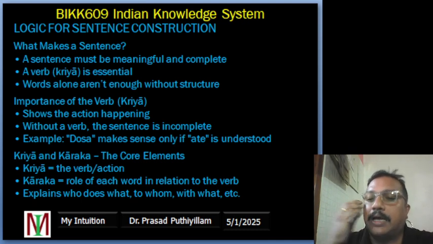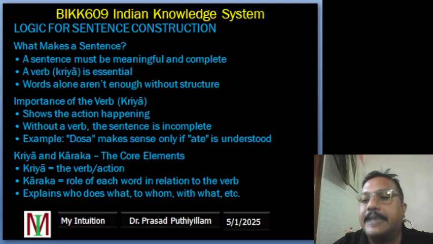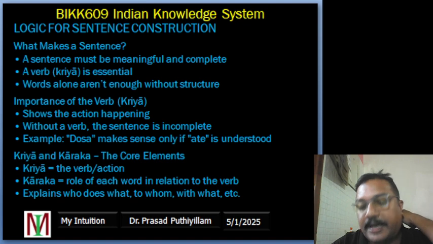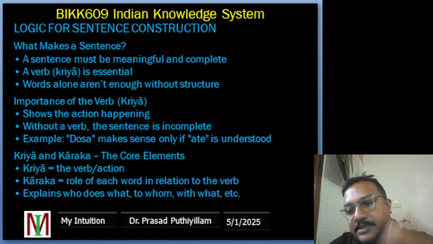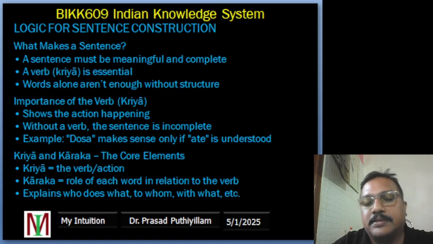These answers help us to choose the right word and its ending, which are called the vibhaktis in Sanskrit. So in Sanskrit the sentence needs a verb and the other words must match it correctly. It's like teamwork. The verb leads and the others support it.